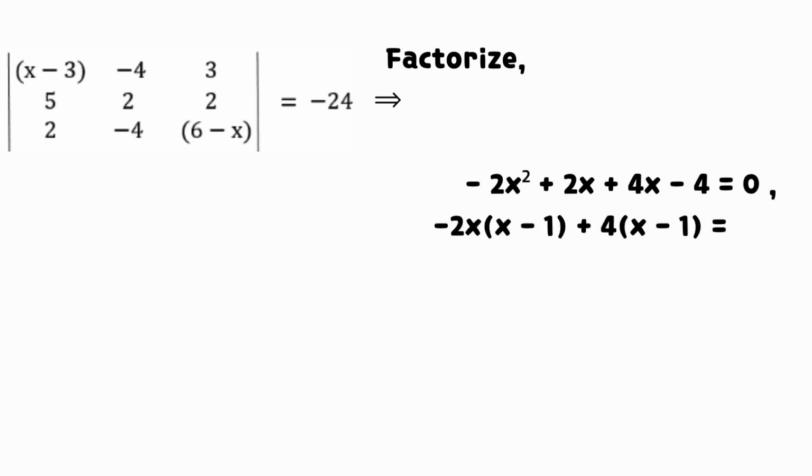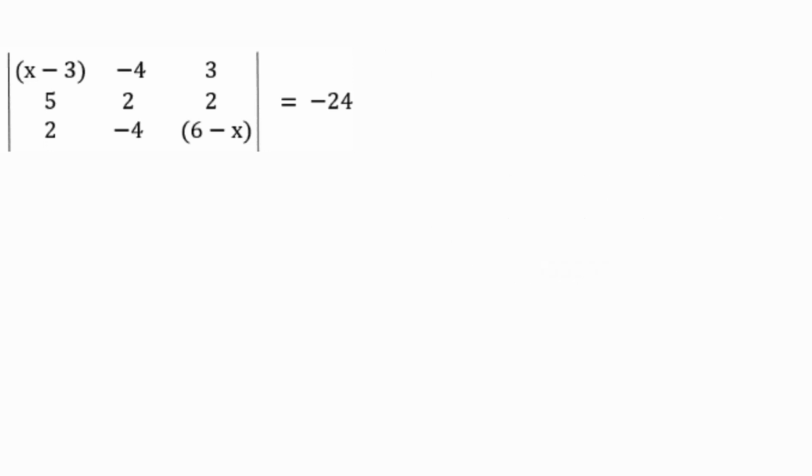Factorize. This implies that the product of negative 2 and the square of x plus 2x plus 4x minus 4 equals 0. Bring out common factor from each group, simplify, and we have the product of x minus 1 and the sum of negative 2 times x and 4 equal to 0.